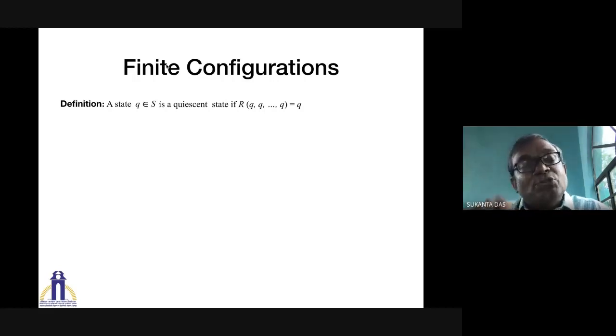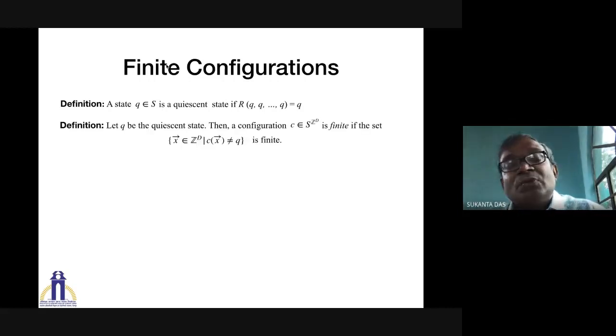Now, if you have Q in your state set, then you can get a finite configuration. Suppose, as I've said, Q is a quiescent state. Then a configuration C is finite if the set of X in Z to the power D where C of X is not Q is finite.